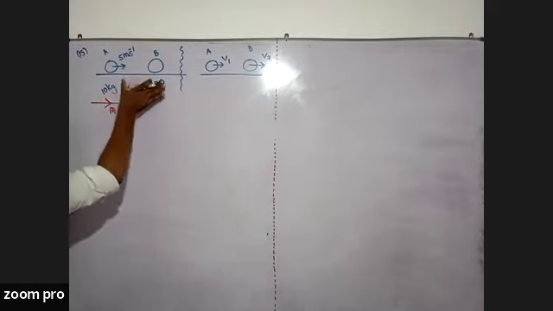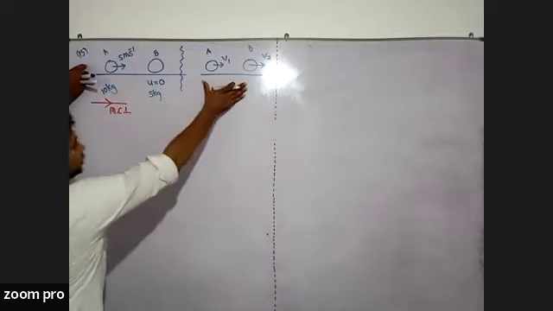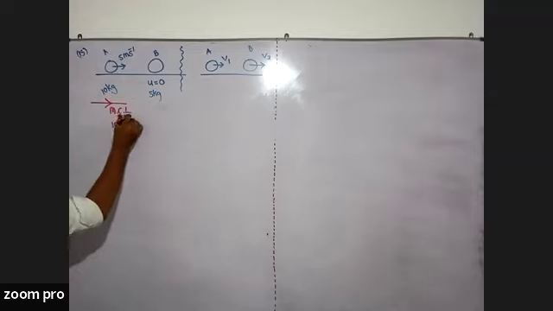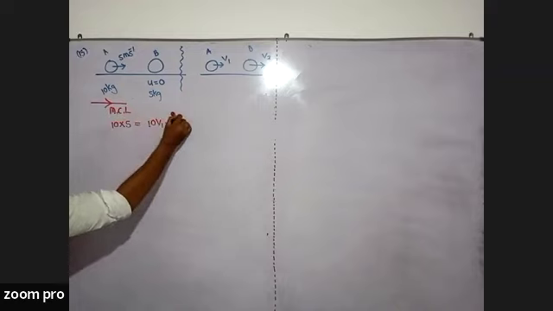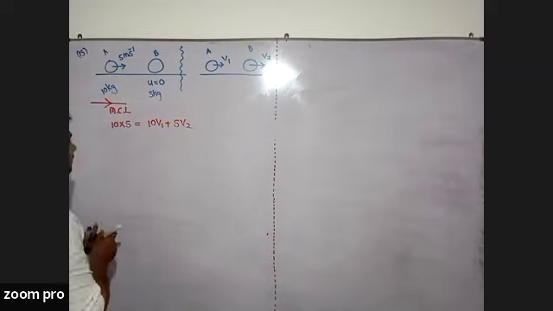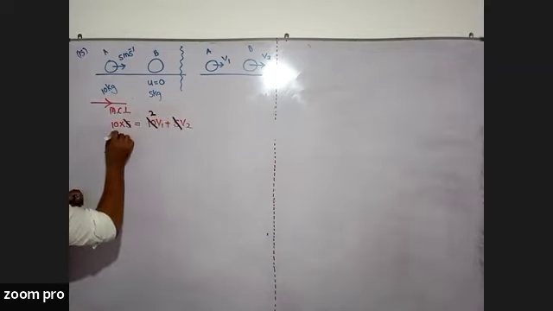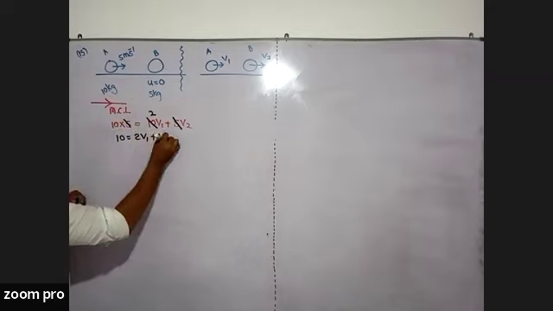This instance should be considered as just before the incident, and this as just after the incident. Then we can obtain these expressions. I think you might have an idea of how to apply the equations. If I cancel the 5 in each term, then 10 equals 2v1 plus v2.